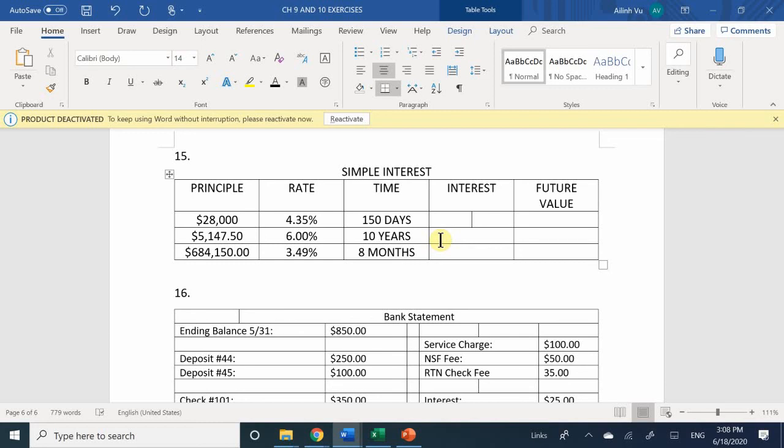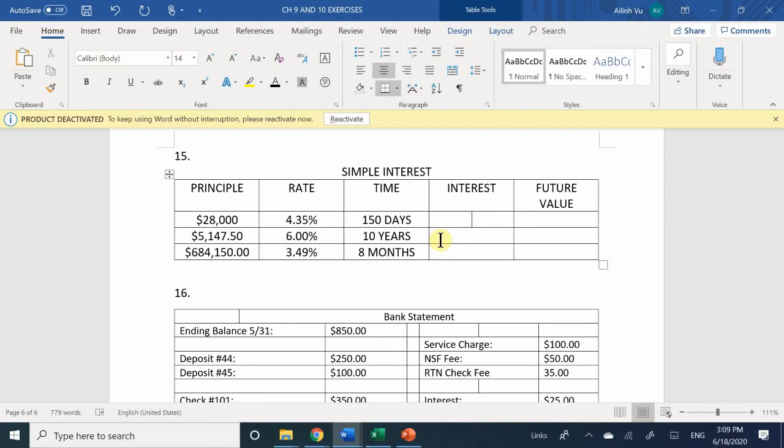Okay, all right. No, you got it right. It is $507. But for this exact problem, what you can do is keep the time as a fraction.